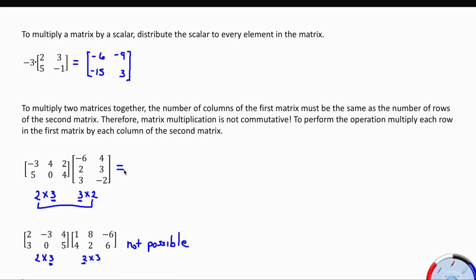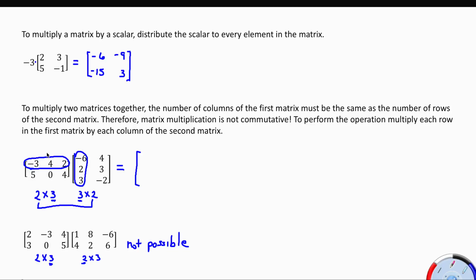Now, to do the multiplication, I am going to multiply row by column, row by column. So first of all, I'm going to take this row and multiply it by this column. So row 1 times column 1. And I'm going to put that answer in the row 1, column 1 position.